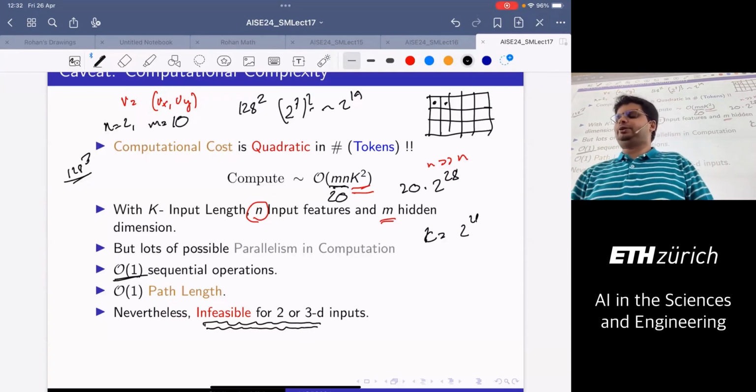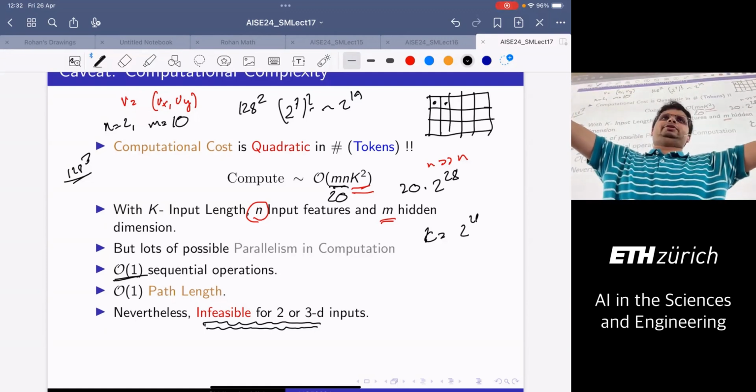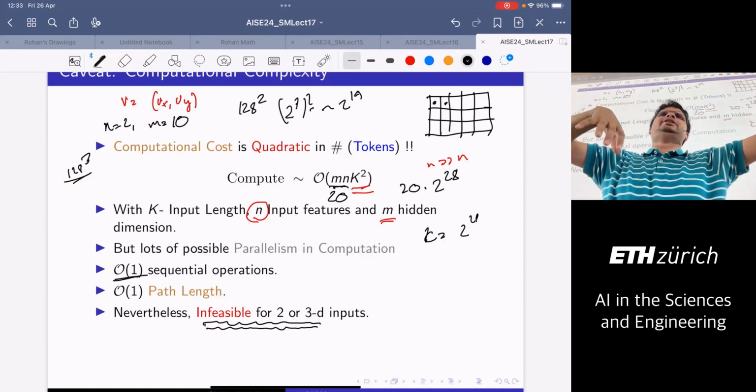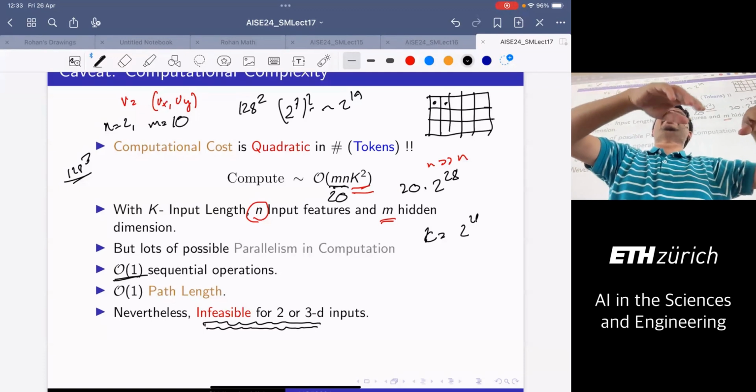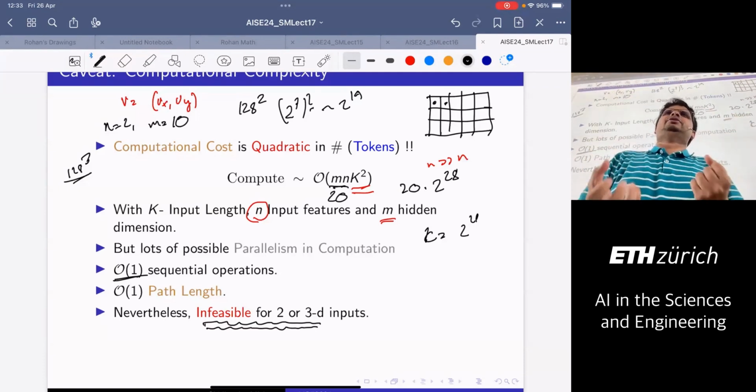After all, the difference between text and image, or text and scientific data sets, is that if you think of this room, for instance, and we are interested in the temperature in this room, there's much more regularity in the temperature in this room. There's a lot less variation between the temperature here and the temperature here compared to, of course, the temperature here and far away, right? So there's a lot more regularity, and you could leverage those regularities.